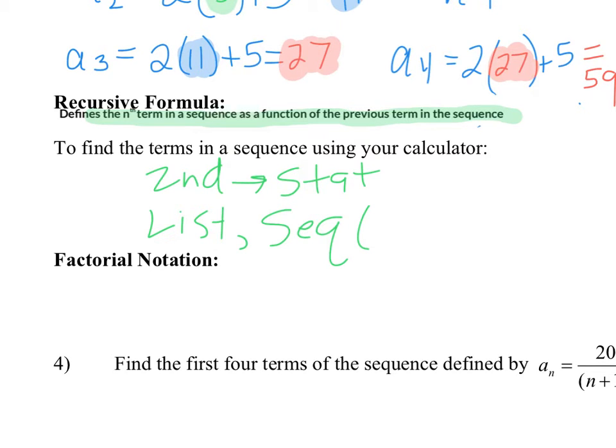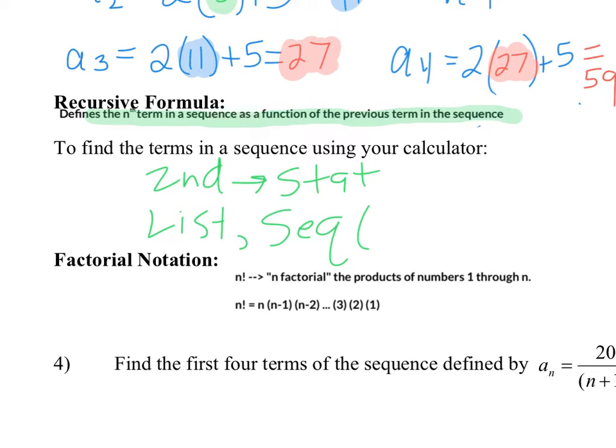That allows you to enter the expression, a variable, and the start and end points of a recursive sequence that will allow you to find any number of terms in a specific sequence. Like I said, I will post a video showing the calculator and the buttons to hit, and you'll see that soon. We're going to move on to factorial notation.